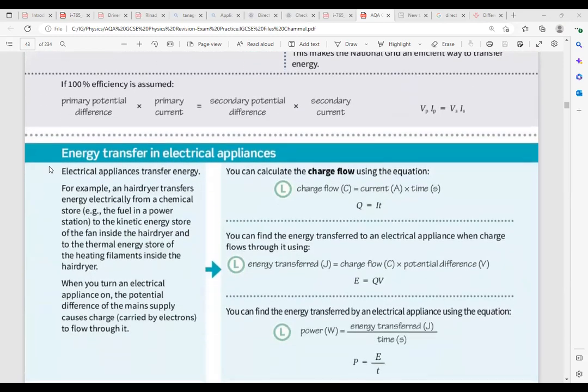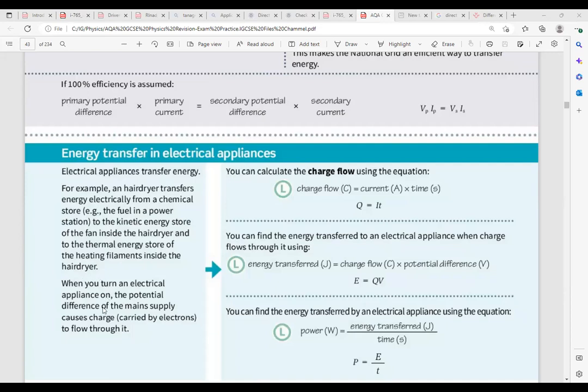So, energy transfers in electrical appliances. Electrical appliances transfer energy. For example, a hair dryer transfers energy electrically from the chemical store, the fuel in a power station, to the kinetic energy store of the fan inside the hair dryer, and to the thermal energy store of the heating filaments inside the hair dryer.